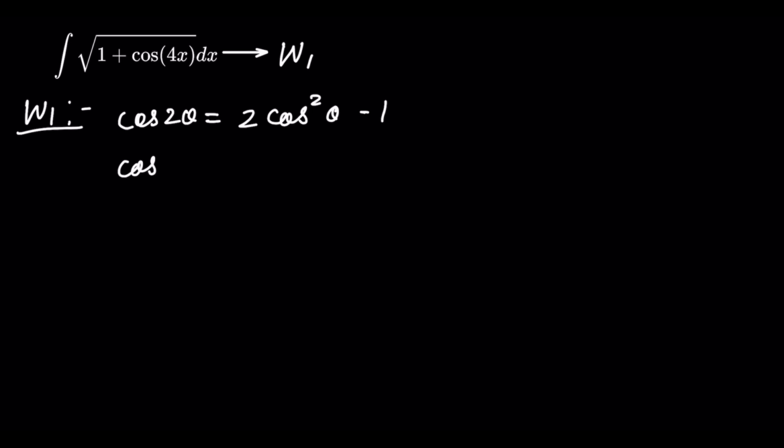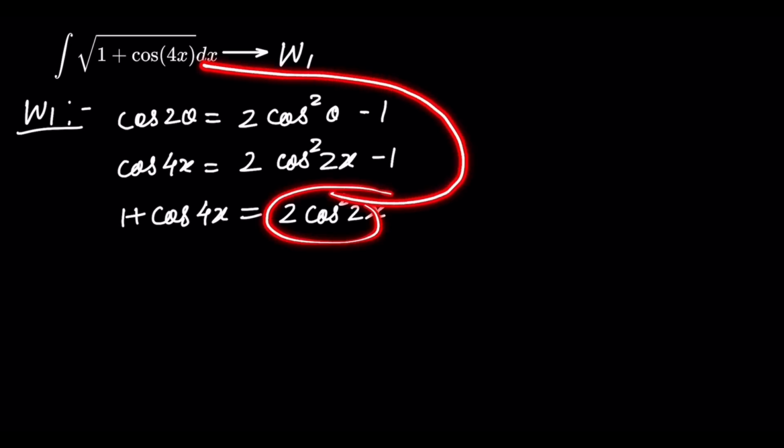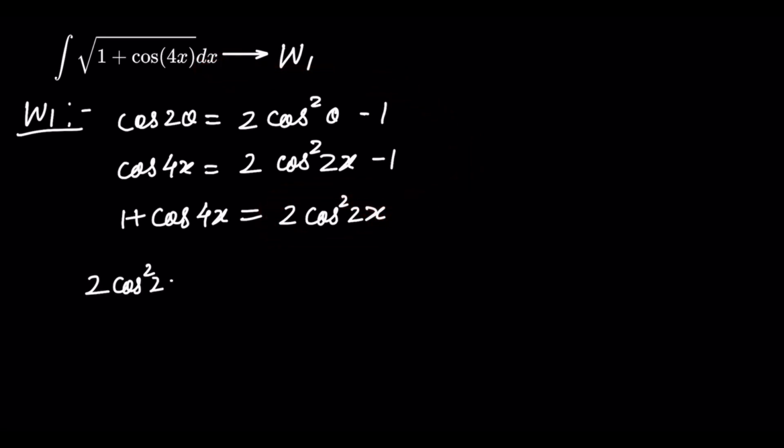Cos 4x is equal to 2 cos squared 2x minus 1. Now let's rearrange it so 1 plus cos 4x is the subject. That is equal to 2 cos squared 2x. Now substitute this back into our original integral expression under the square root. We get this.